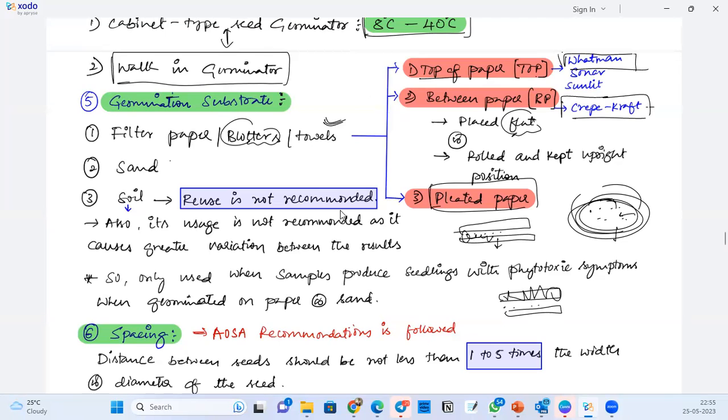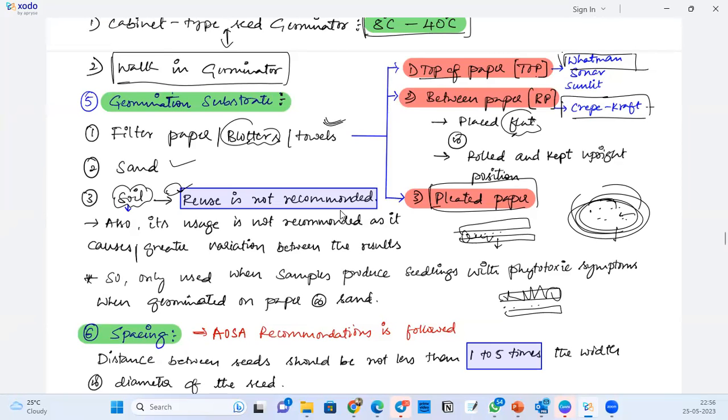And next we also have another substrate, which is sand and soil. But whenever we use soil, its reuse is not recommended, because of certain nutrients, fertilizers or microorganisms that can be in the soil, it will cause greater variations between the results.